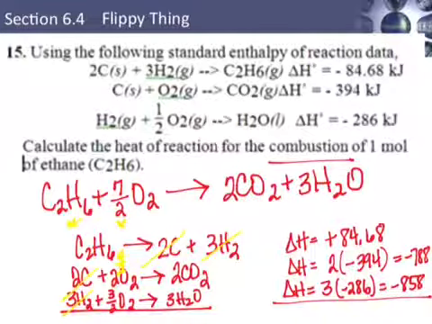My ethane is good. And then our carbon dioxide and our water is good. So now we add our delta H's together. And what do we get? Negative 1561.32. I'm just going to go 1561 kilojoules.